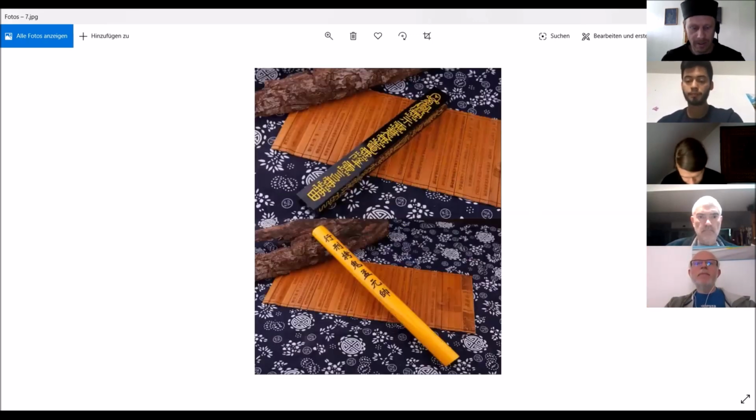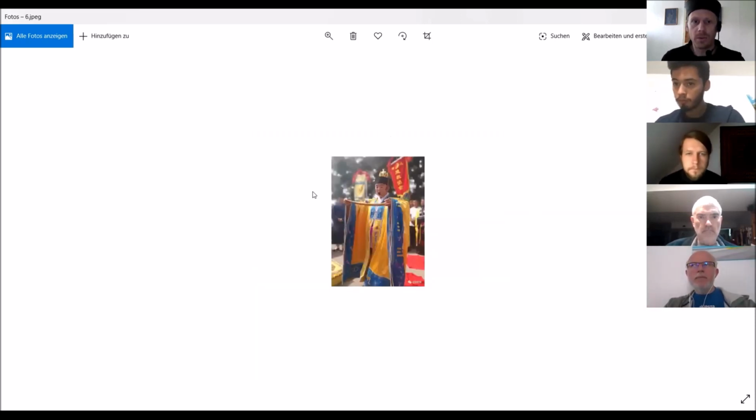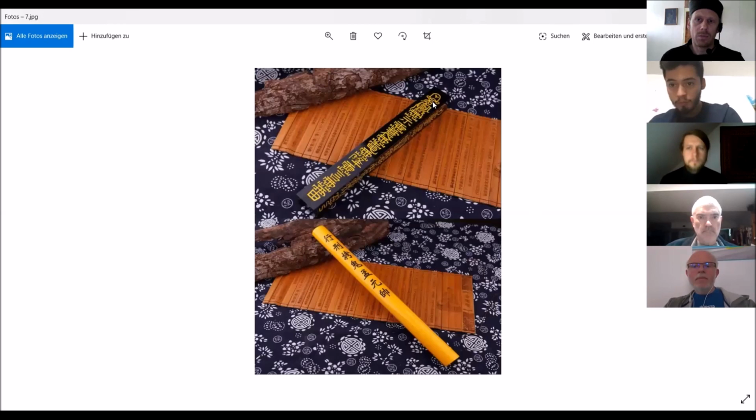So the next is the fa chi. This is also something you see quite often, and to explain it in a very simple way, there's a lot of fu and deity names attached on here with the huizi or the special name on all the sides, and this is also a tool you use for opening the altar.